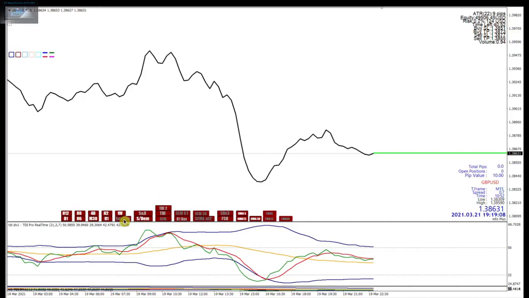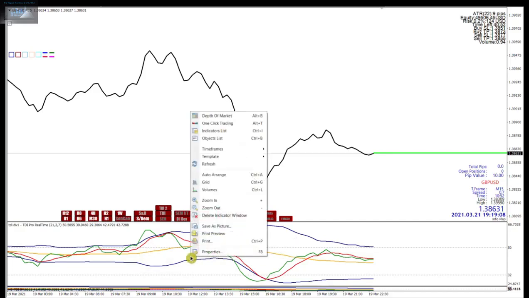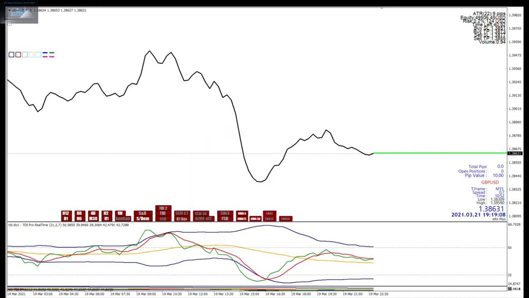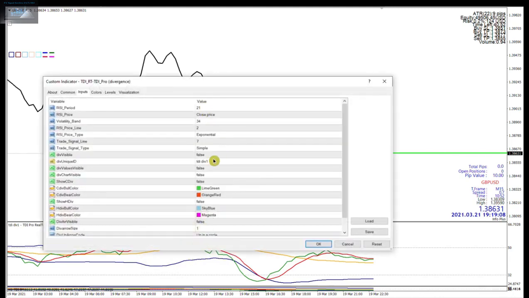But before all of that really happened, Dean Malone had the TDI in place with a deviation of 1.618. The values of it, let's see if I can bring those values up. There.